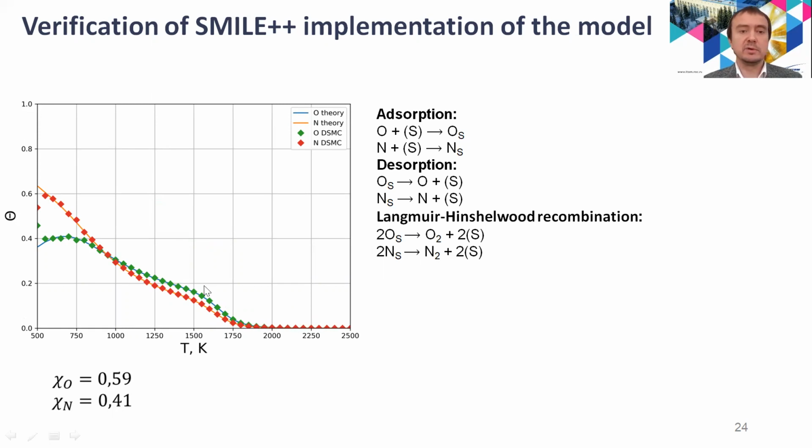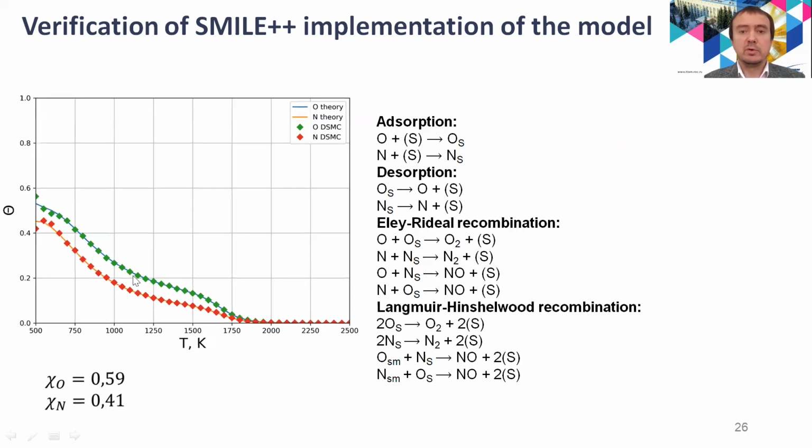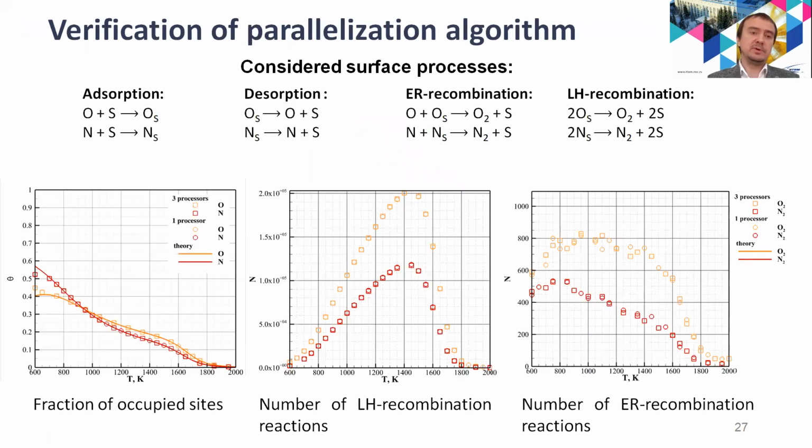We see great agreement here, maybe except for the very low temperatures, and Langmuir-Hinshelwood recombination also with NO production. Again, very good agreement. And finally, this is the case which involves all the processes from the Kurataki model. And again, the agreement is great for the whole range of temperatures.